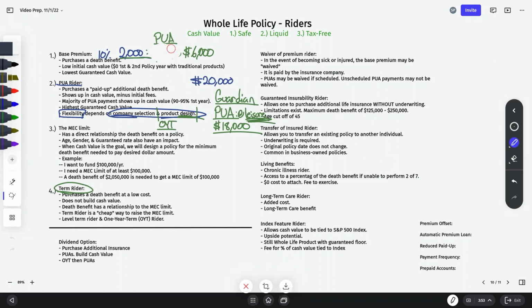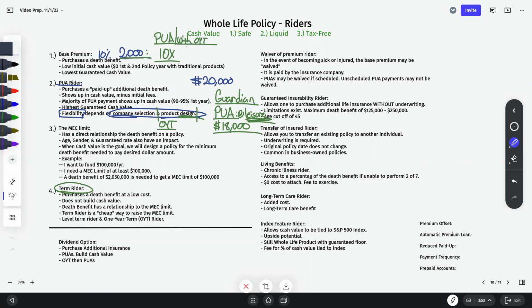It's not 3x. As long as the term rider is attached, with OYT, which stands for one-year term, now all of a sudden, you can go 10x the base premium in PUAs.